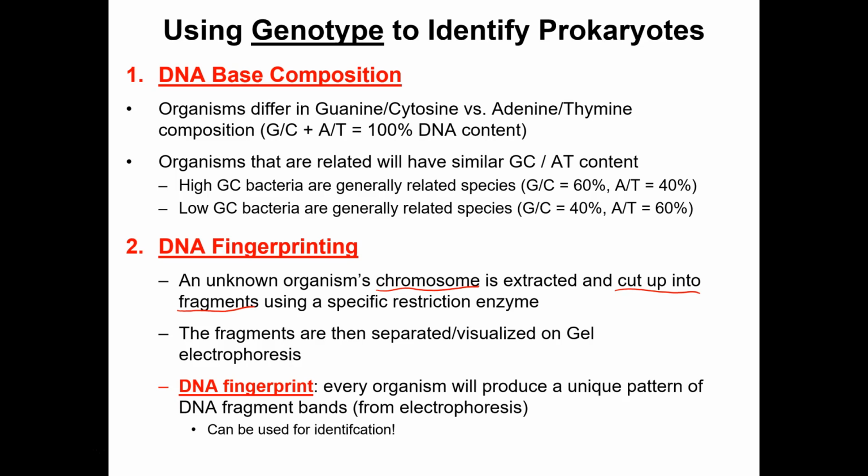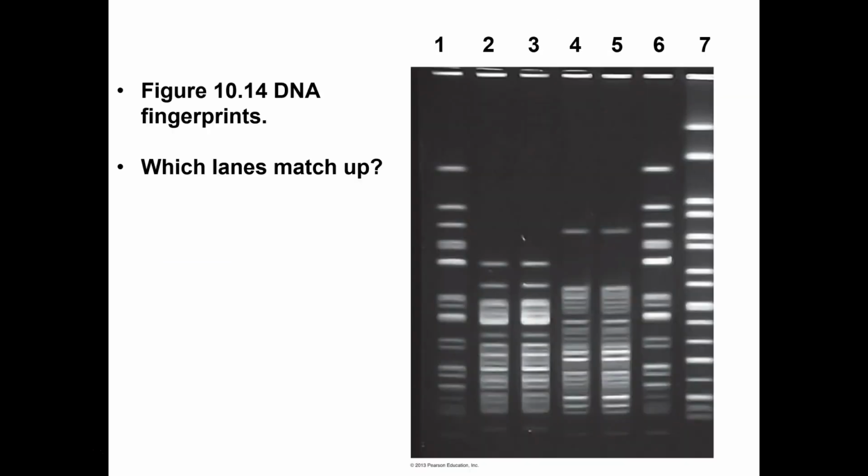So you take those DNA fragments, you then visualize them using gel electrophoresis, which is again something else we'll talk about in Chapter 9. And what you get on that gel is what we call a DNA fingerprint, a unique pattern of DNA fragments. And this is something that's very species specific.